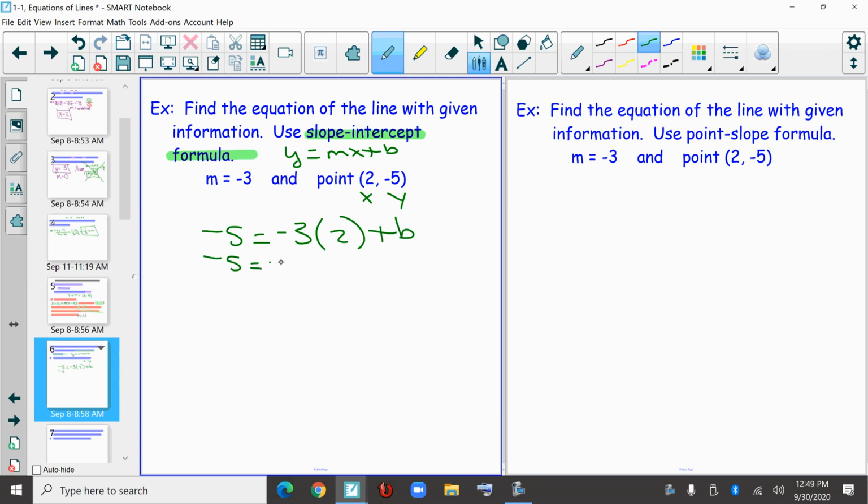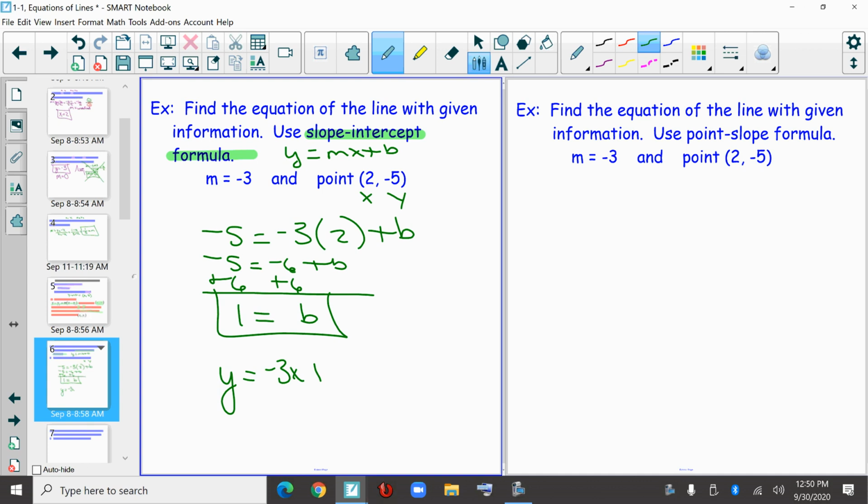So negative 5 is equal to negative 6 plus b. Add the 6, and you have 1 is equal to b. Now, that means my equation, my answer, is y is equal to negative 3x plus 1. So, after we found b, we had to plug it back in with our slope to be able to come up with the equation.